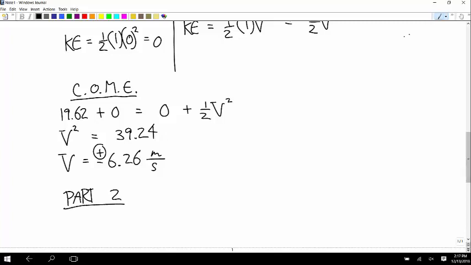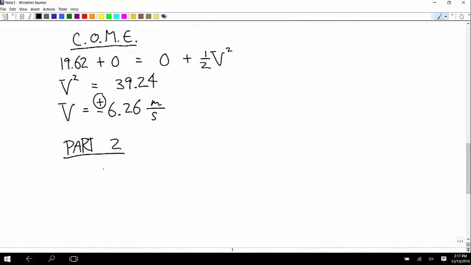So part 2 is the collision. And I said it's usually a good idea to do these collision problems, conservation of linear momentum, using a view from up above. So I'm going to do that, a top-down view.